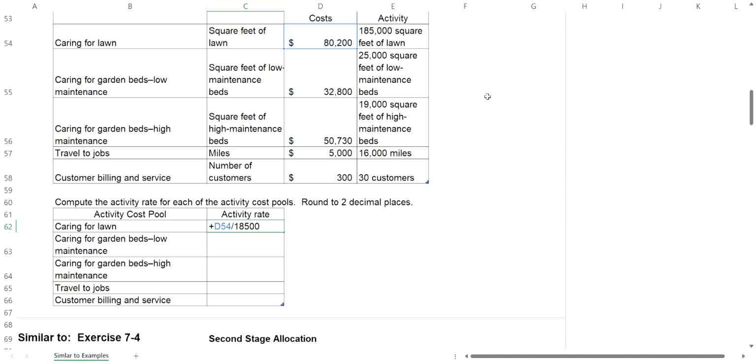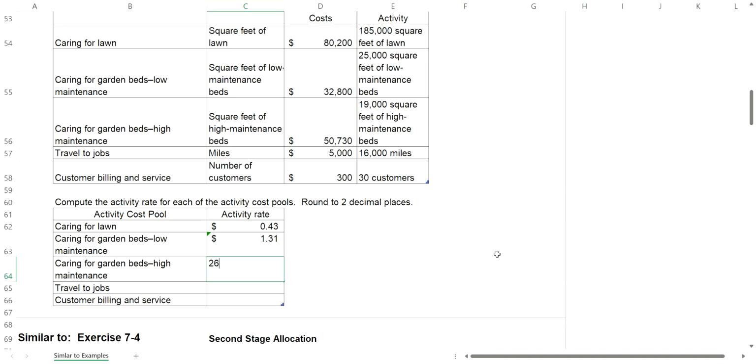I will divide it by the 185,000 square feet, and that gives me an activity rate of 43 cents per square foot. Okay, I will do the same thing for the low bed maintenance. I'll take 32,800 divided by its activity of 25,000 square feet. And that gives me an activity rate of $1.31 per square foot.